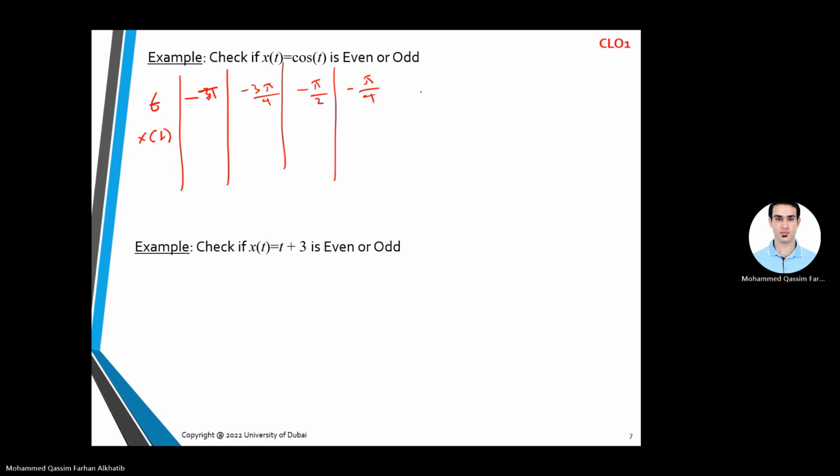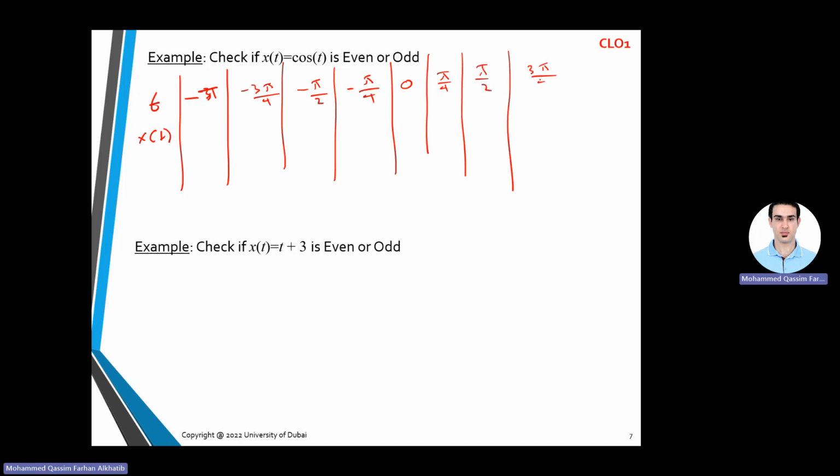At 0, then pi over 4, pi over 2, 3 pi over 4, and then we have pi. Okay, now at each one of them, you just find the value. Cosine of negative pi, that's a negative 1.